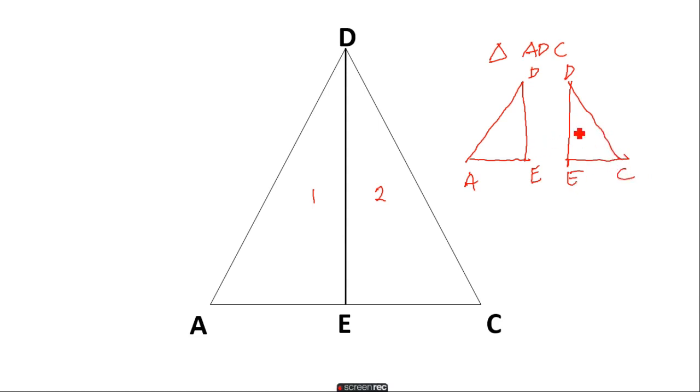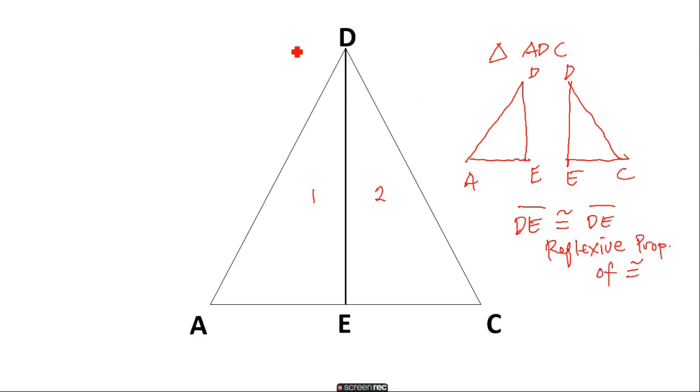Now, can you see both sides that are the same or that are congruent? So we can say that line segment DE is actually congruent to line segment DE by reflexive property. So that is reflexive property of congruence.